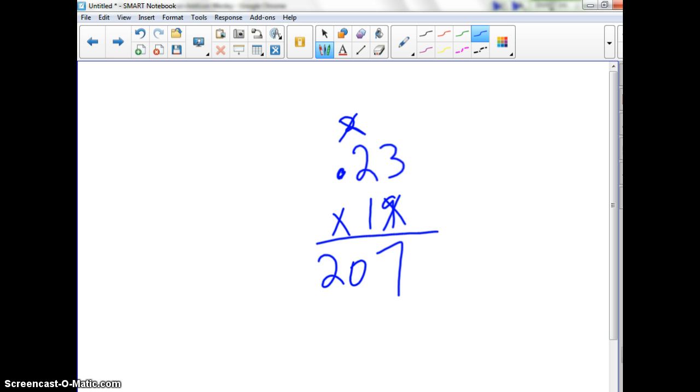What comes next? Don't forget about your placeholder. And 1 times 2 is 2. And when we add up our partial products, you got 437. Okay, where does the decimal go? Between the 4 and the 3, we move it over 2 from the end. Good work.